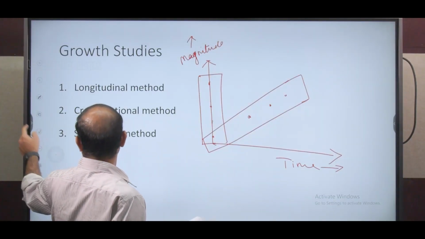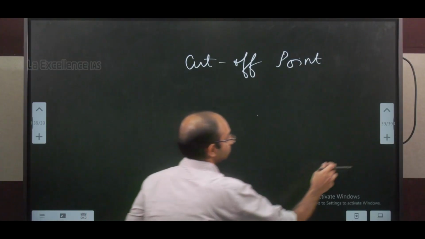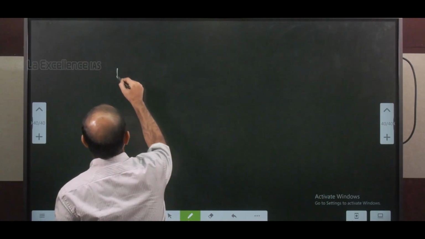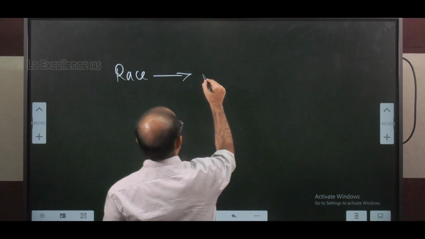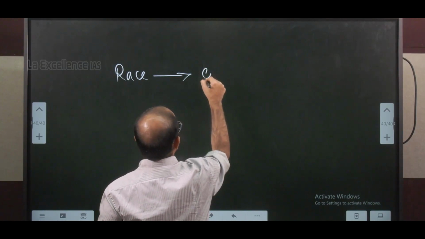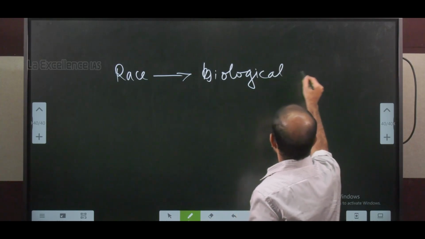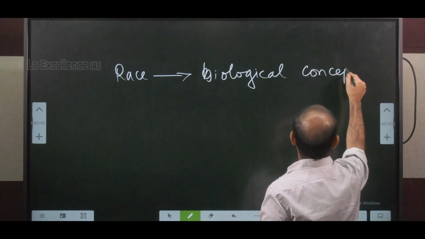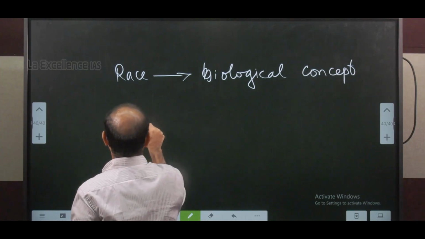Then we have race and racism. So very simple. First, define these things. Race is a biological concept that is used to classify people based on their biological characteristics.